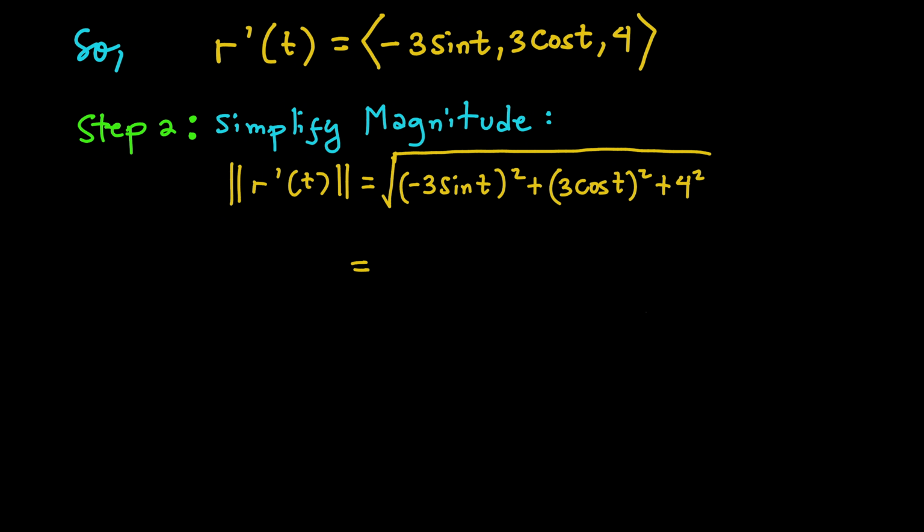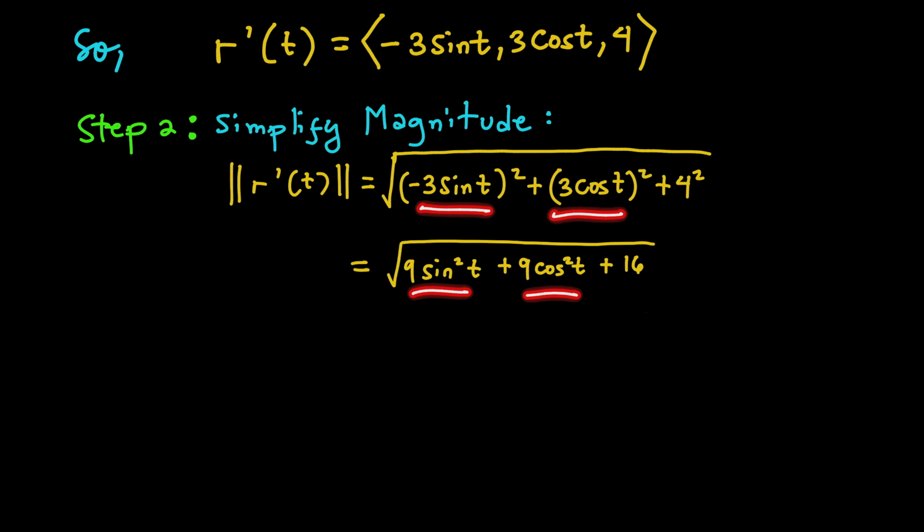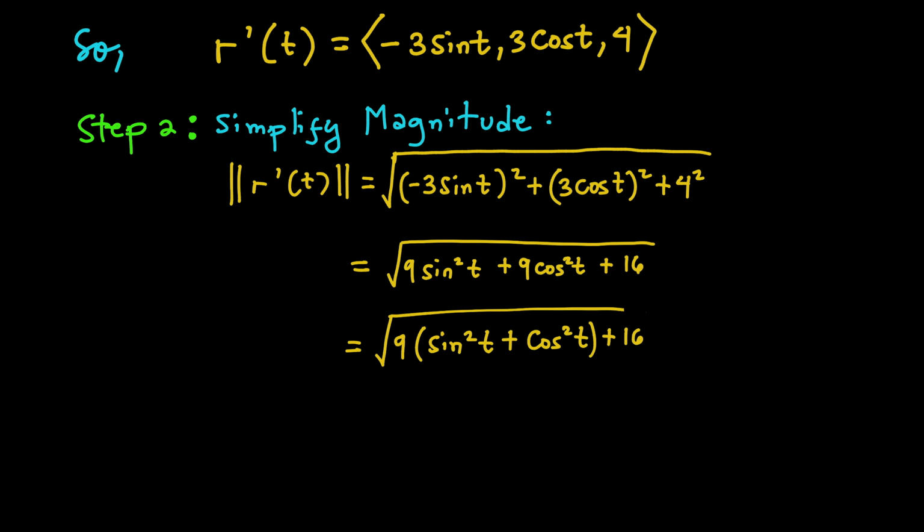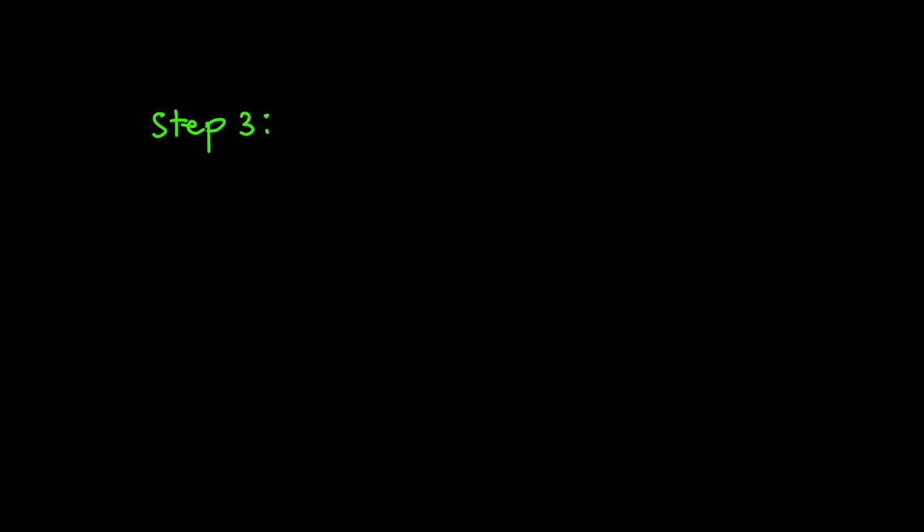Simplifying this one gives us 9 sine squared t, this one is 9 cosine squared t, and this one is 16. So here you factor out 9, and notice that by the identity you can simplify this one to equal 1. So you will have the square root of 9 plus 16, which gives you the square root of 25, and hence it is equal to 5.